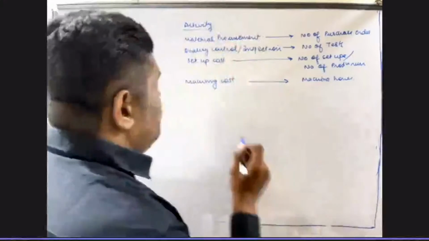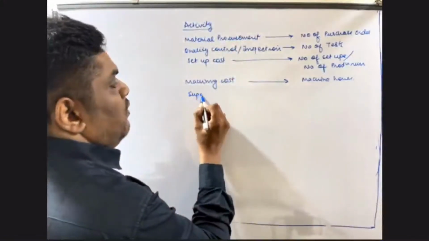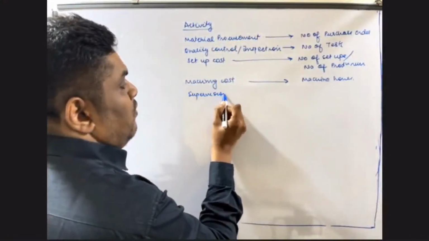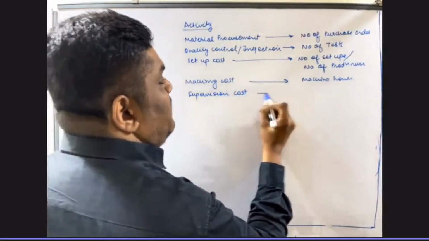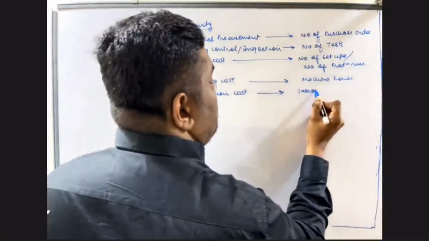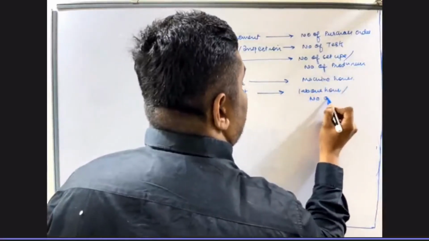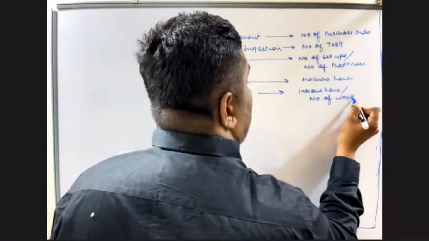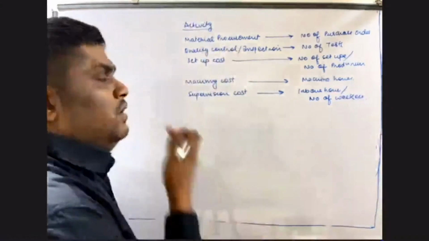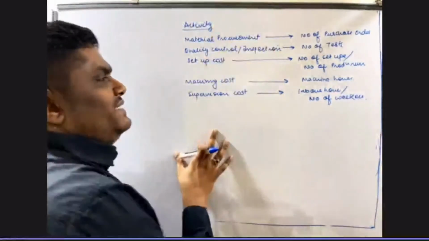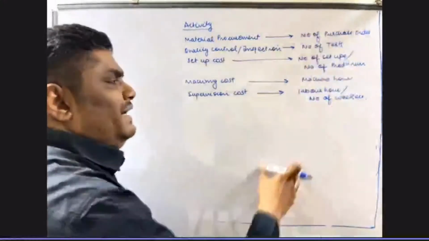When talking about supervising cost, it can be on the basis of labor hours, or it can be absorbed on the basis of number of workers. So these are the various activities, and these are the cost drivers for those activities.